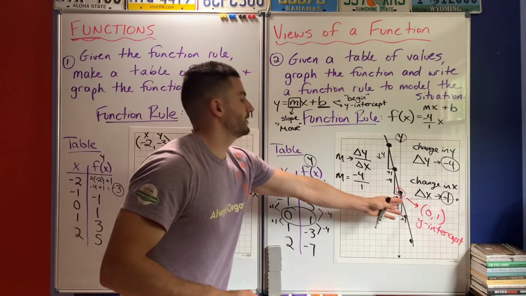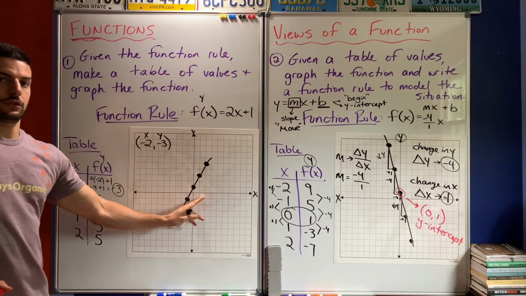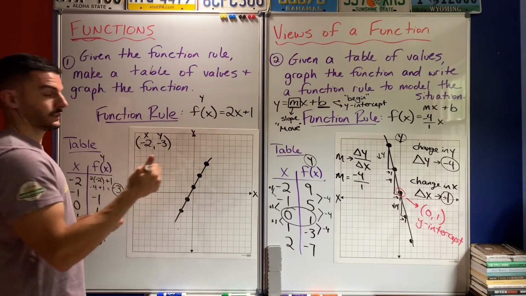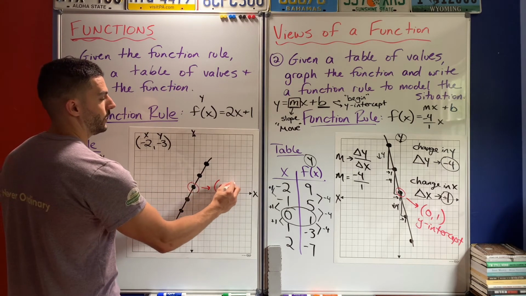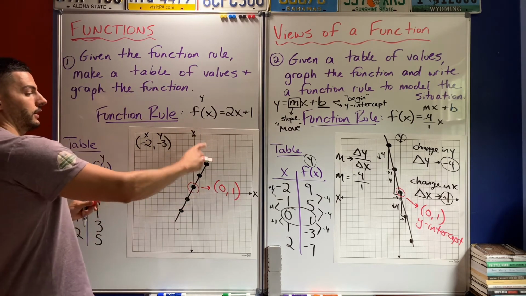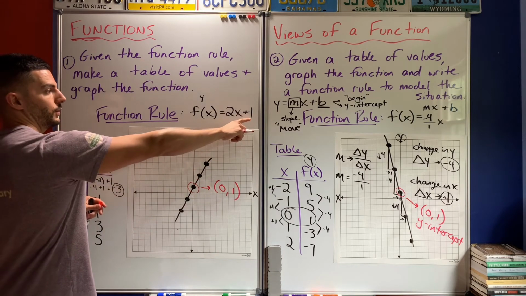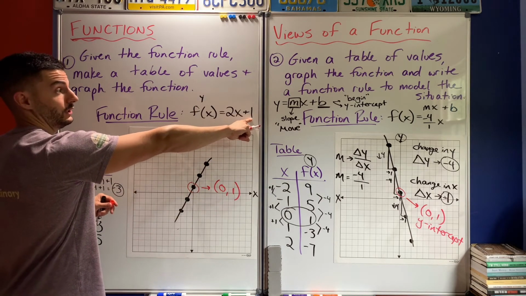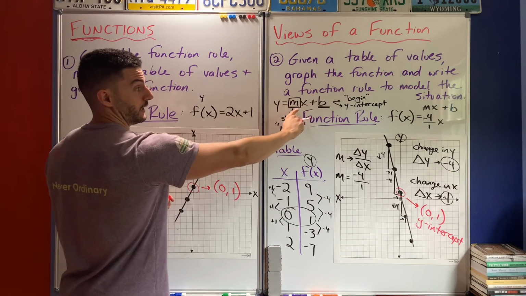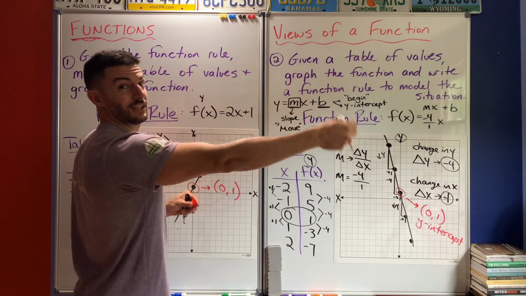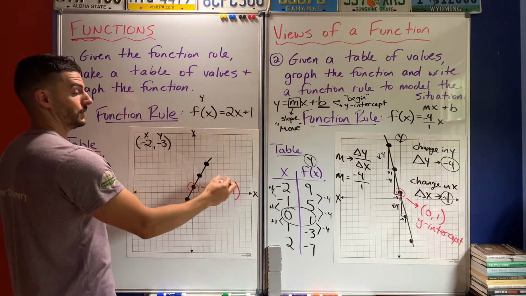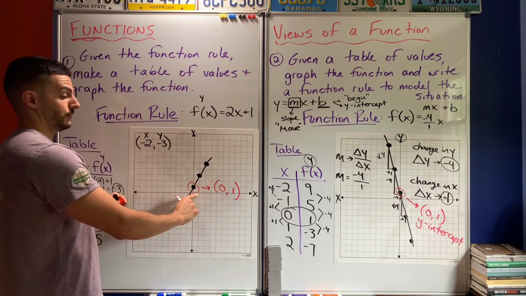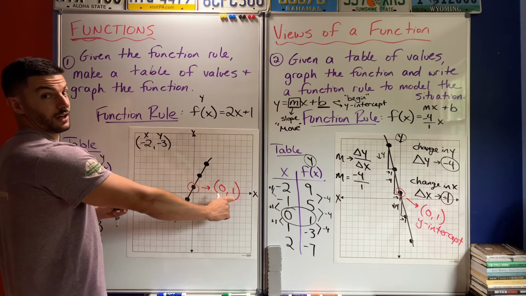And let's actually compare that to this one over here too. Notice where this line crosses the y-axis. It crosses right here. It happens to be the same point, 0, 1. So notice in your equation what the b value is here. When I say b value, y equals mx plus b, that last number at the end after the x was +1 in this first equation, okay? And where do you think I get that from? 0, 1, +1.